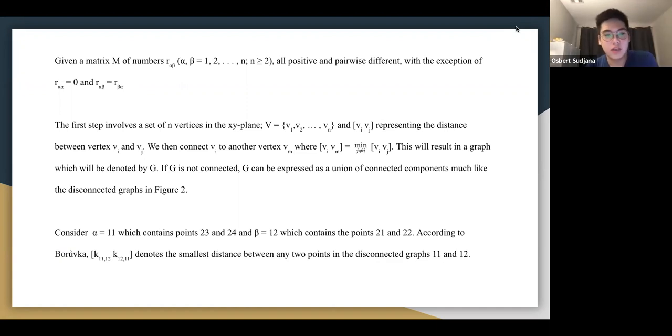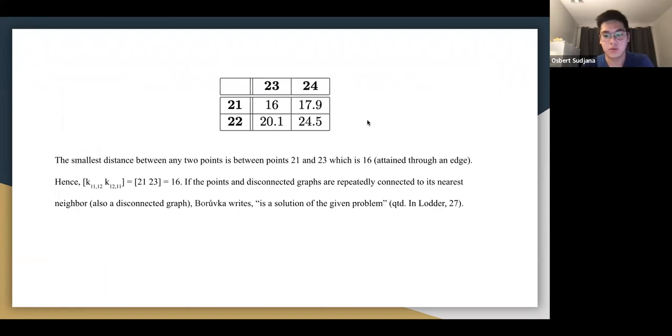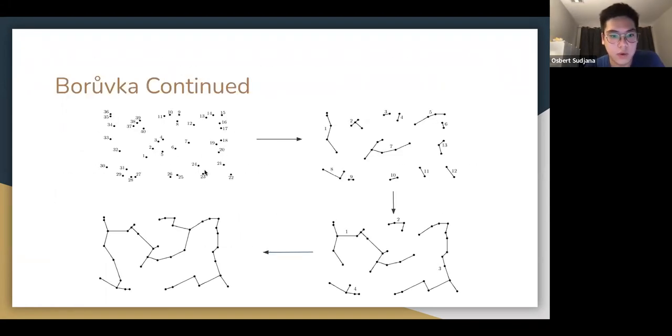If G is not a fully connected graph, G can be expressed as a union of connected components, much like the disconnected graphs in figure 2, which we've seen before. So now let's consider alpha equals 11, which contains points 23 and 24. So if you see the previous figure, 23, 24, which is graph 11, and graph 12, 21, and 22.